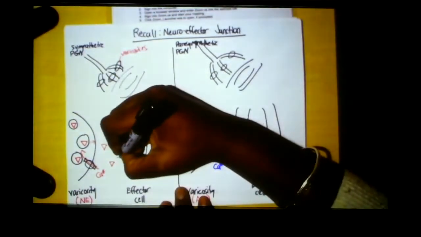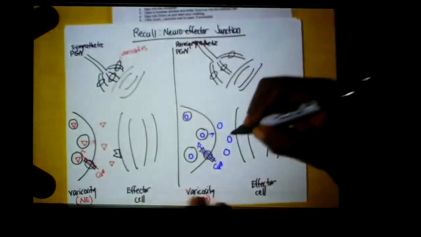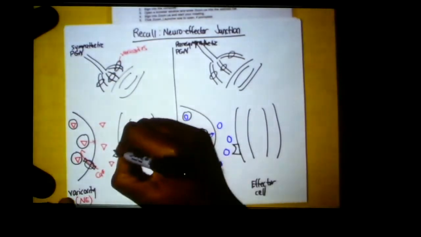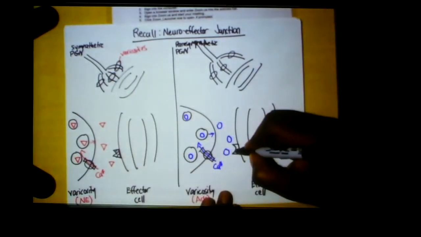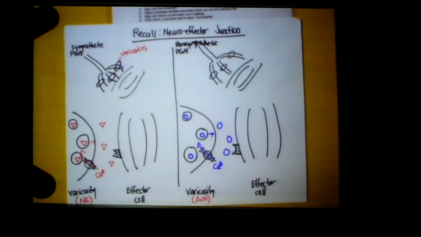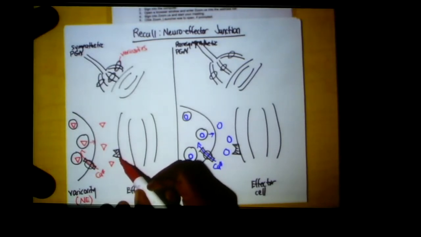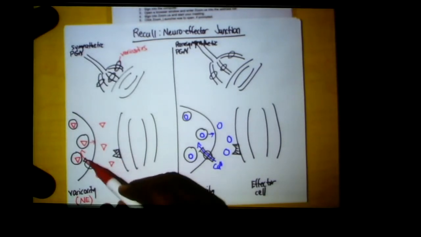Now, on the effector cell side, there are a few options for what happens here. We have a receptor, and that receptor is going to bind specifically to our neurotransmitter. So on the sympathetic side, what type of receptor is this? If it's binding norepinephrine, what type of receptor is it?